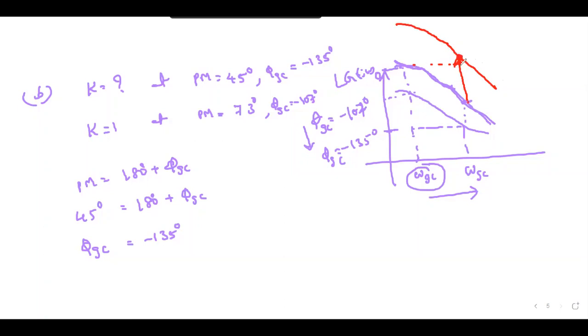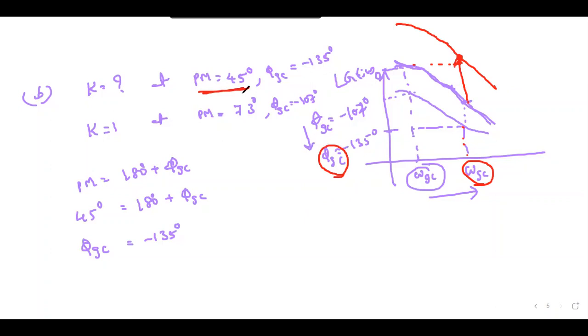Where 0 dB occurs, that omega value is omega c. At this omega GC, the phase angle is phi GC, and this will be the phase margin of 45 degrees.